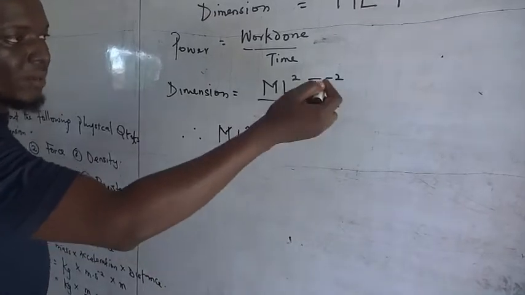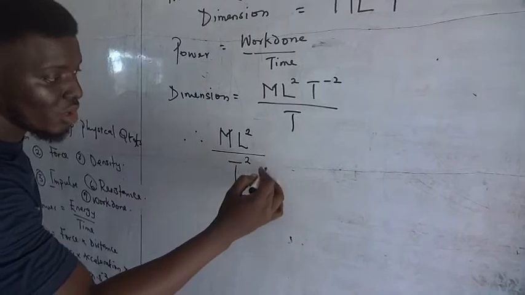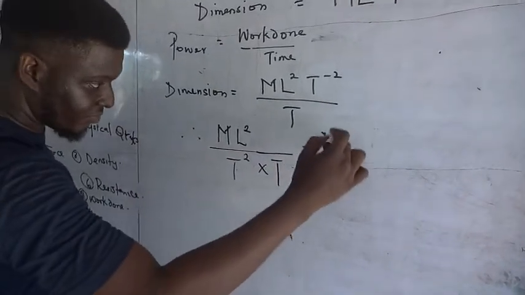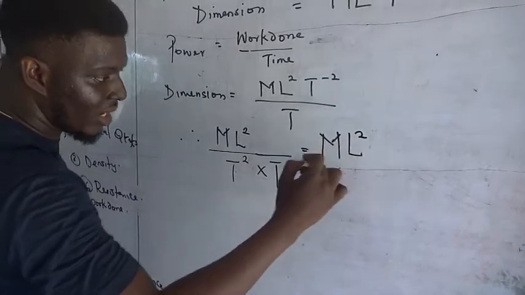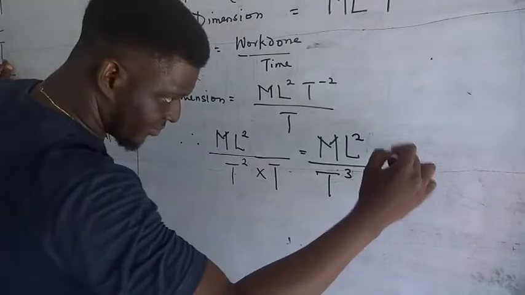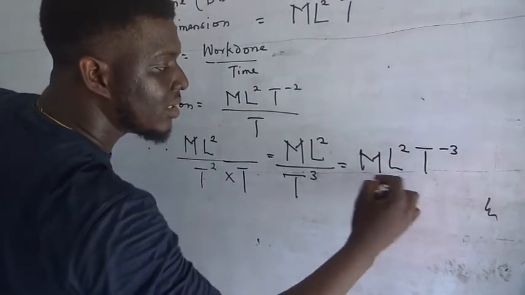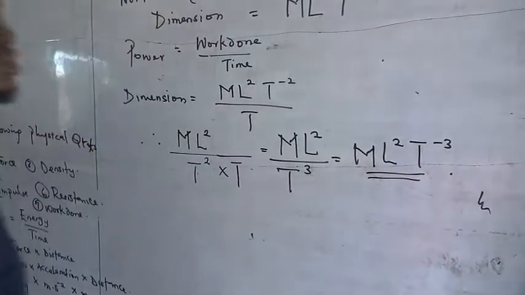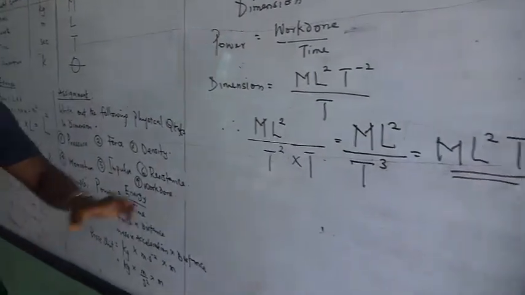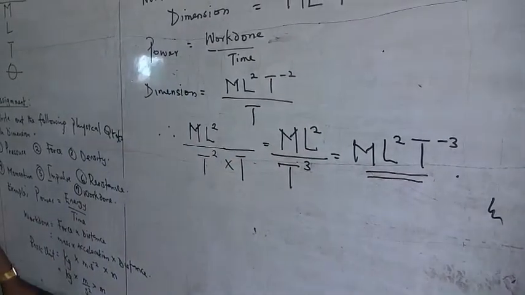Now this T raised to power minus 2, you can bring it down to be T raised to power 2 multiplied by T. So what do you have as your answer? M L squared over T cubed. Take it all back: M L squared T minus 3. Answer. So the dimension for power is M L squared T minus 3.